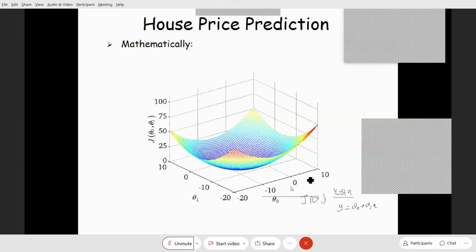So this plot is corresponding to theta 0 and theta 1: for different possible values of theta 0 and theta 1, what is the value of the error? The value of the error is like a bowl shape, and you see that it has some minimum value at this point. I'm interested in this value of theta 1 and theta 0 at this point.